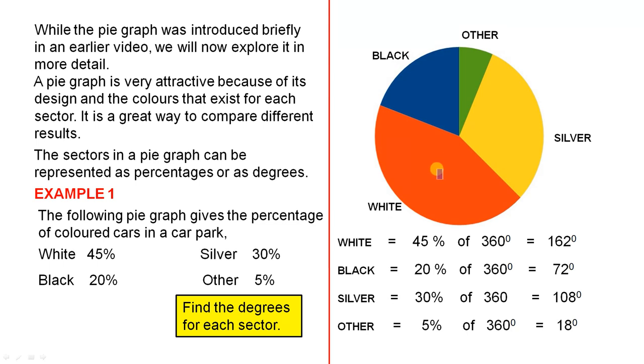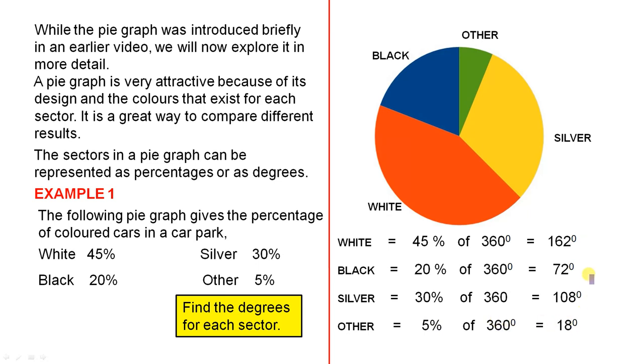So this section, which is 45% of the total, will be 45% of 360, and that's 162 degrees. For the black cars, that's 20%, so 20% of 360 is 72. The silver cars represent 30%, so 30% of 360 is 108 degrees. And all the other colours, 5% of 360 is 18 degrees.